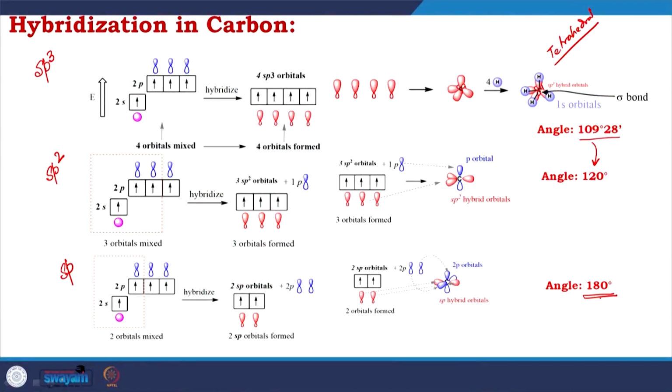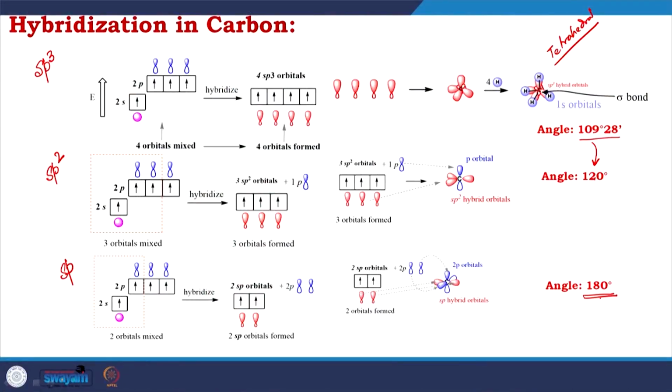You have rice, you have pulse, you mix it, you get hodgepodge, and when you taste that, you get the taste of rice, you get the taste of pulse, but you cannot separate them. Similarly, in hybridization you see the effect of s orbital, you see the effect of p orbital, but you cannot separate them.